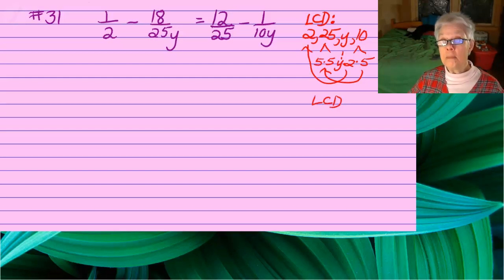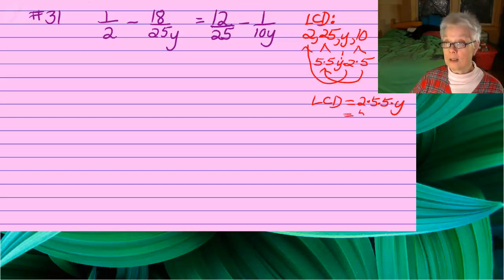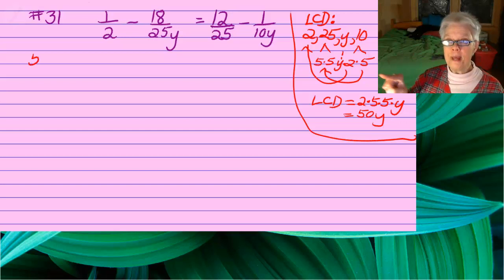So we need a common denominator large enough to cancel out those numbers, and that's going to be 2 times 5 times 5 times y, which is 50y. Kind of cordon that off a little bit.